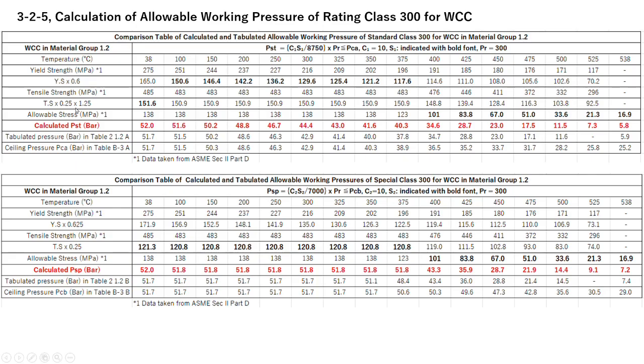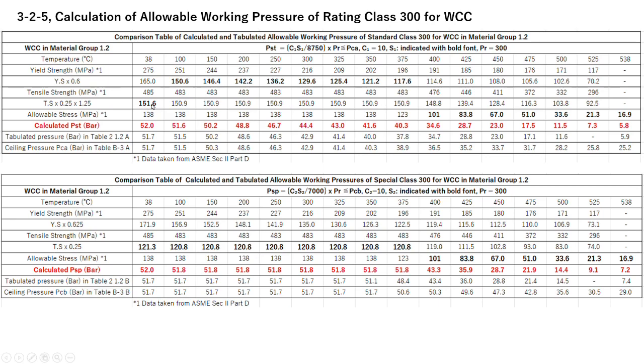So standard class 60% of yield strength and tensile strength for standard class 1.5 times 25% of tensile strength. So this calculated number assigned here.